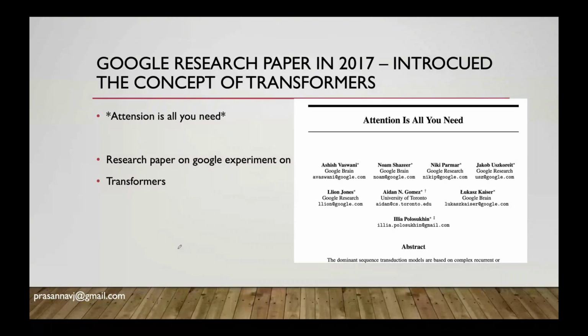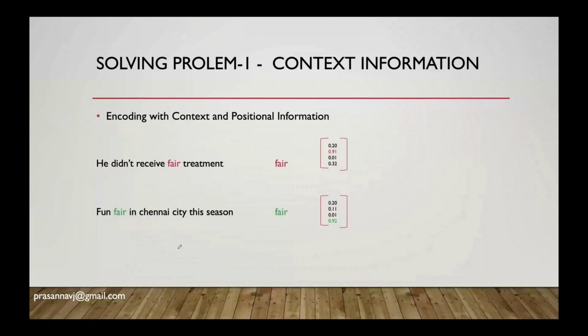So now, how do we solve the problems that we talked about, and how do transformers solve them? In the paper, they introduced that context-based and positional information will also be utilized for building the embedding layer. That means in the same example we looked at, "he didn't receive a fair treatment" and "fun fair in Chennai," these two instances of "fair" will not be considered the same.